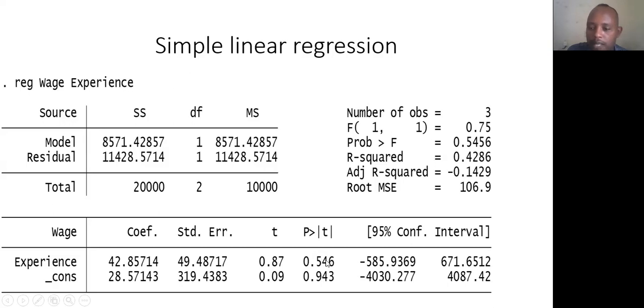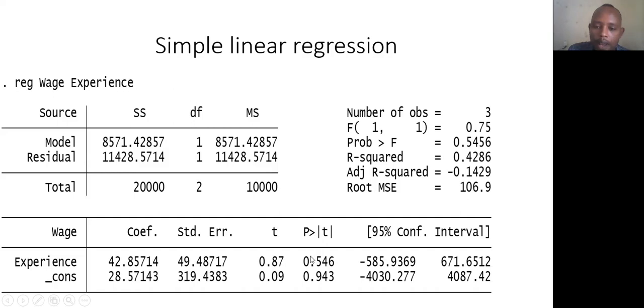It is the probability that we make a wrong decision. It is a type 1 error: rejecting the null hypothesis that is true. The probability of rejecting a true null hypothesis is called the level of significance, or the probability of making a wrong decision.